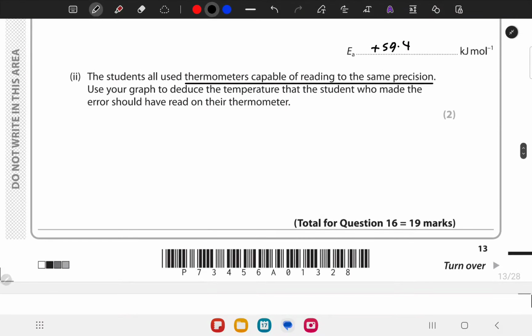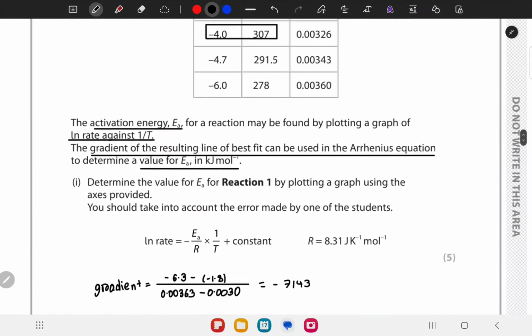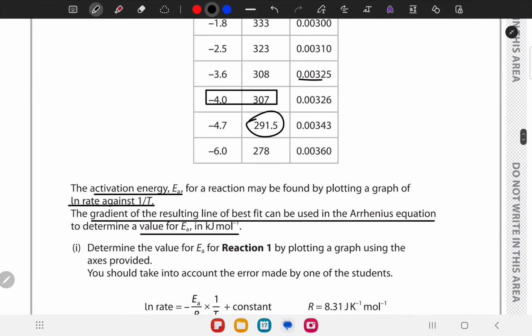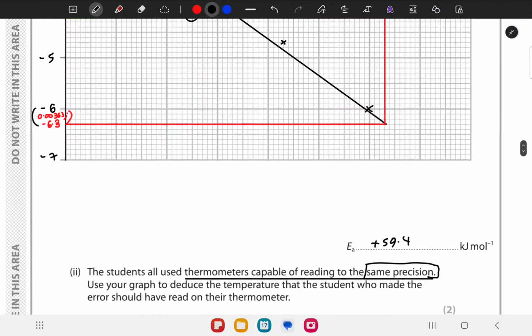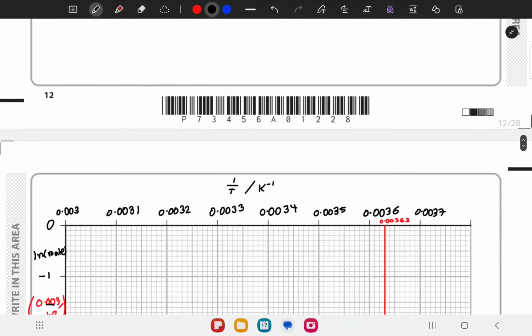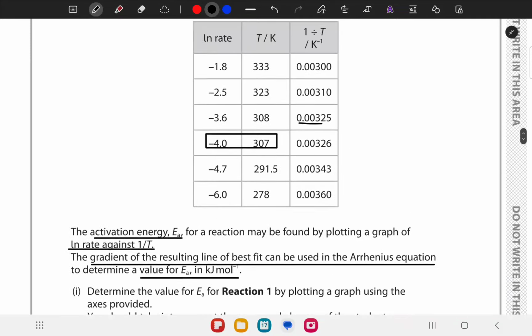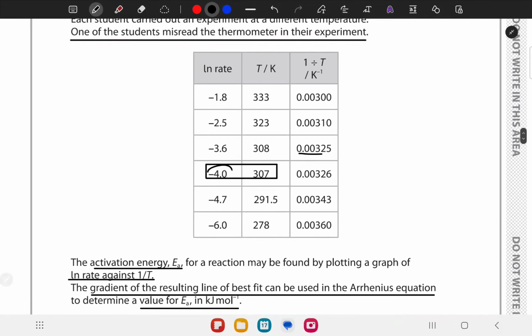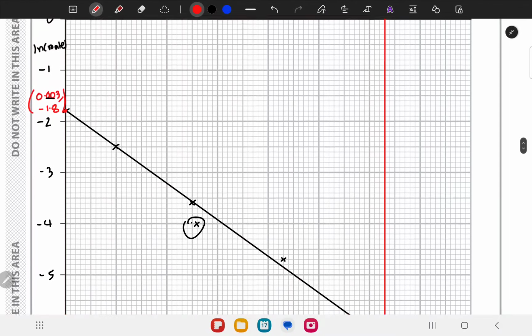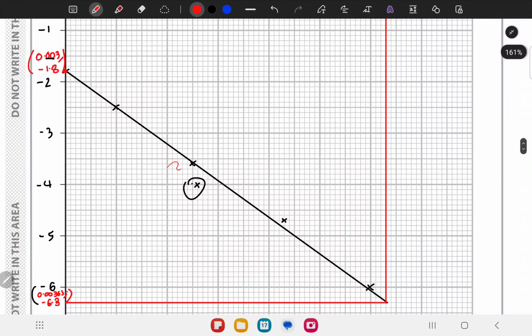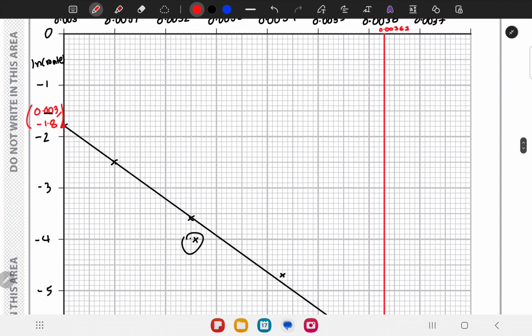We are told that every thermometer is capable of reading to the same precision. So from the values of temperature we have, it seems like the thermometer can read to the nearest 0.5 Kelvin. His temperature reading was wrong, but his rate reading was right. So the problem is in his x value. So the y value would be the same, but the x value would change.